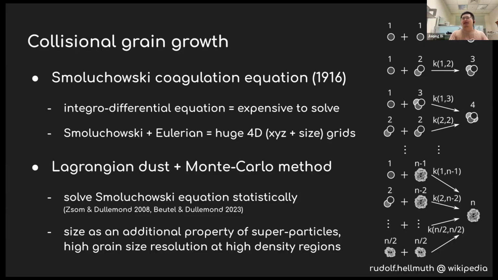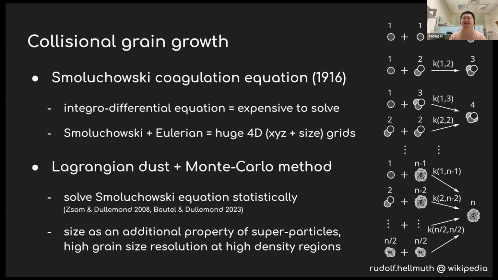And that is why DustPy and cuDust are limited to 1D and 2D, because when we really want to solve the 3D Smoluchowski equation, which has a dimension of size bins times the 3D mesh, that will give you a huge 4D grid, and I cannot imagine how large the output file will be, like a few gigabytes, one terabyte. So that's basically computationally almost impossible to do.